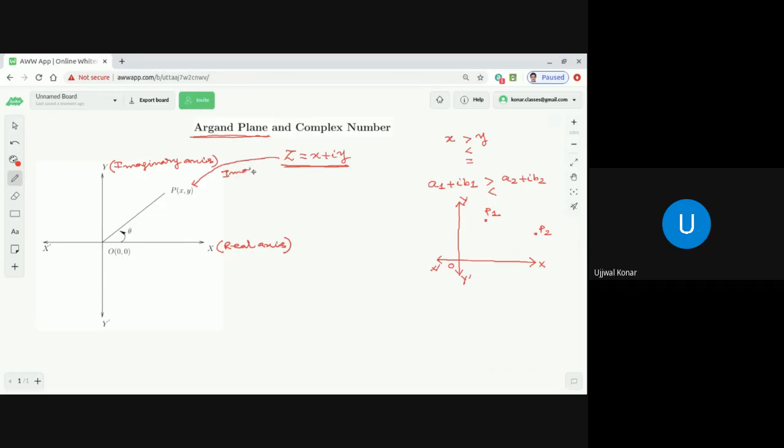I can write: point P is the image of z equal to x plus iy. That means in the algebraic form, whatever you see as z equal to x plus iy, its point form is P, x comma y, in the Argand plane.